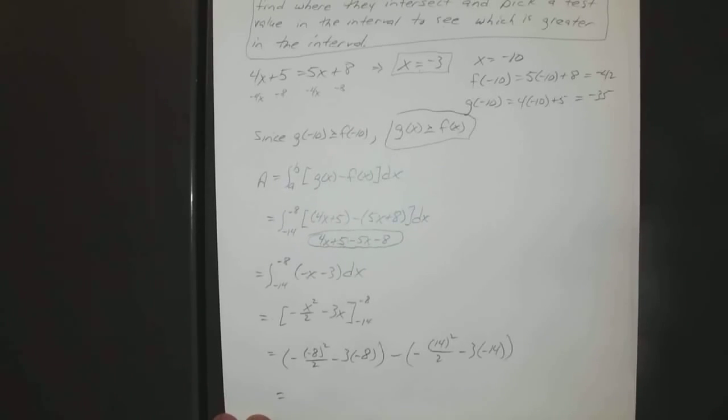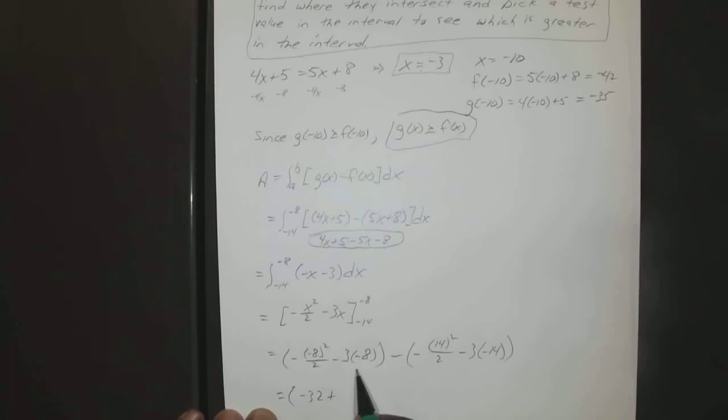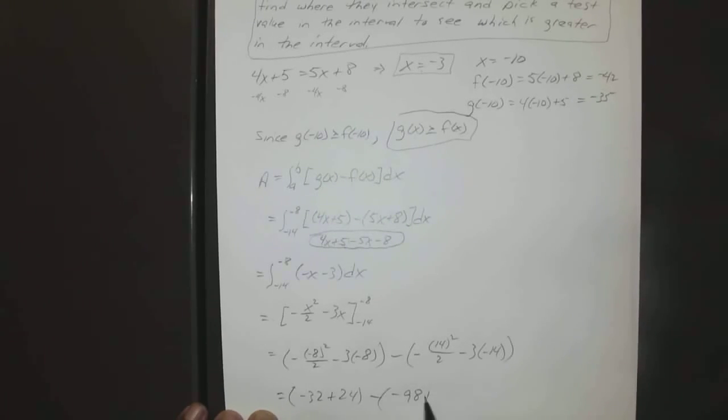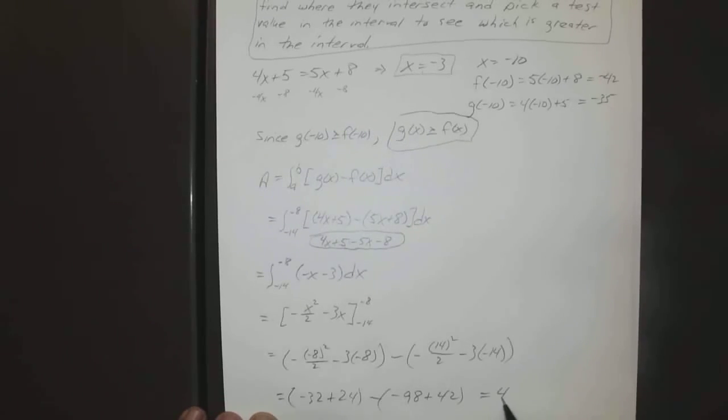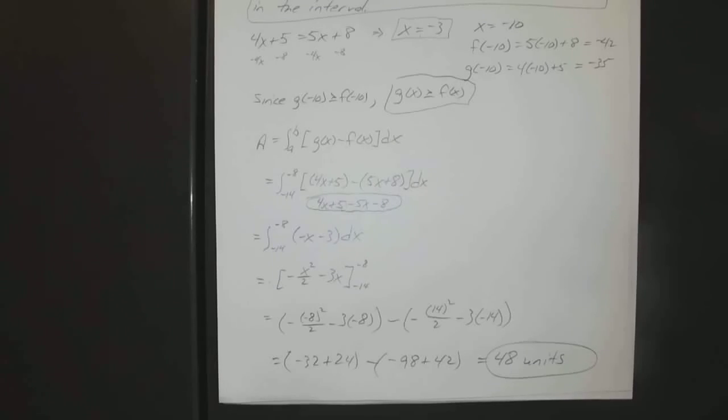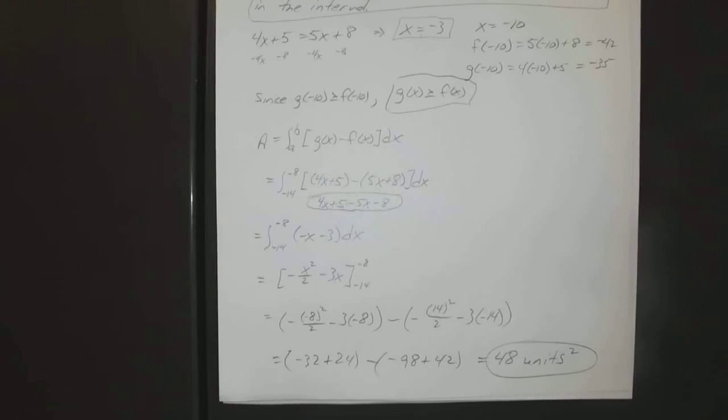That's going to equal: 8 squared is 64, 64 divided by 2 is 32, so negative 32 plus 24, minus 14 squared divided by 2 is 98, so negative 98 plus 42. And that ends up becoming 48 units, since we're running out of space. Well, 48 square units, since we're talking about area.